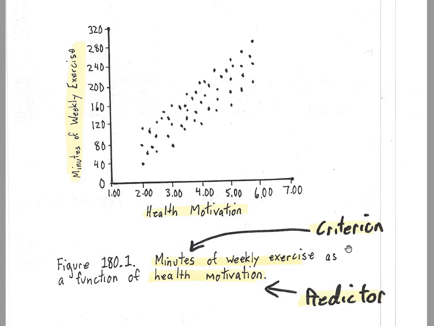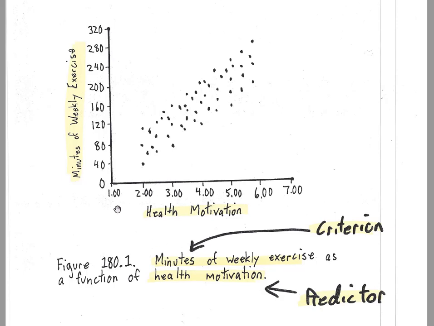The name of the criterion variable typically appears first, in front of the words "as a function of." And then the name of the predictor variable typically appears second, after the words "as a function of." In our analysis, minutes of weekly exercise is the criterion variable, and health motivation is the predictor variable.